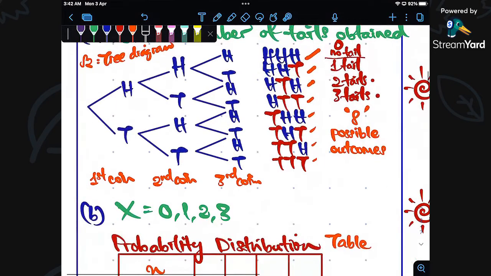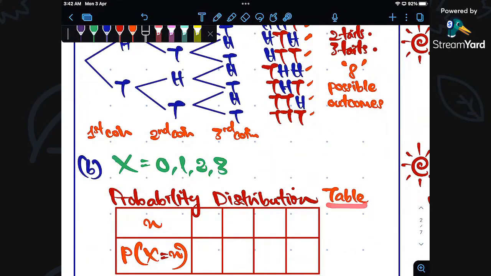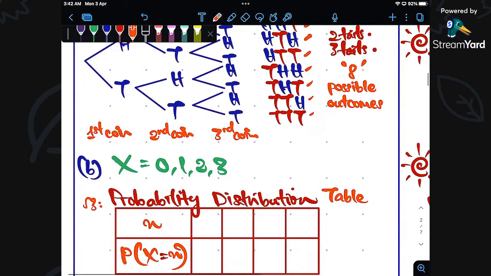And so we can make the table as our next step, step 3. Then we can put the numbers inside this table after we are sure what the topic is all about. That's why it is important to make sure you know what the numbers are. If not, you will do it wrongly.